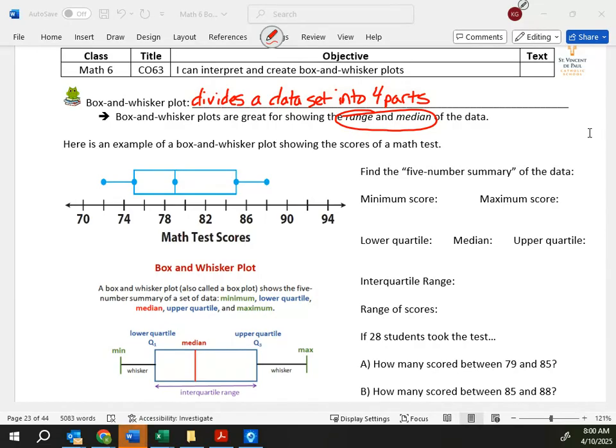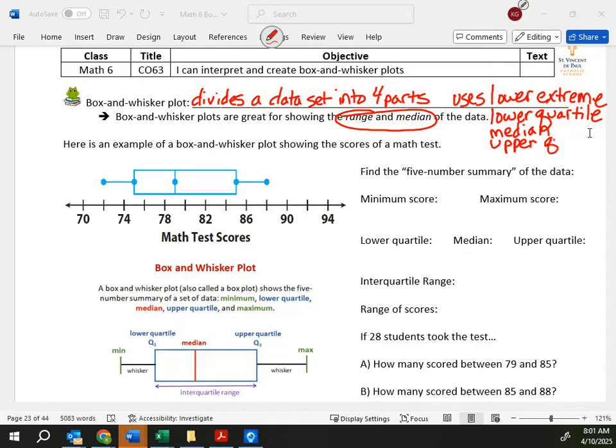And we're going to have different vocabulary words that we're going to learn about, but it uses the lower extreme, lower quartile, the median, the upper extreme, and the upper quartile.